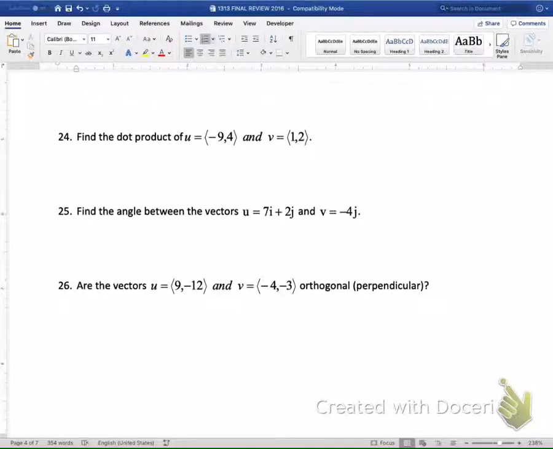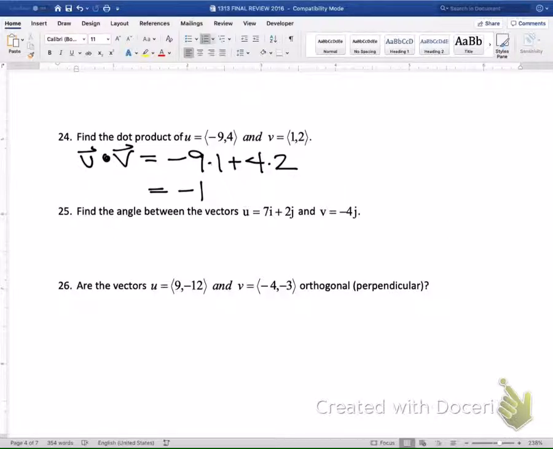It just says find u dot v, okay? Again, remember the dot product of u and v simply gives you a number back out. It does not give you another vector. Negative 9 times 1 plus 4 times 2 gives me negative 1. That is it. Don't make those complicated.